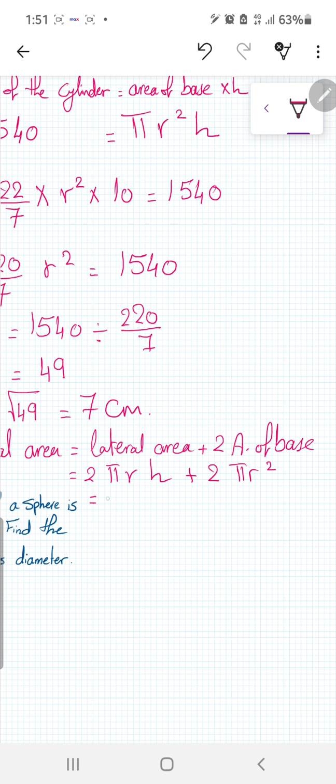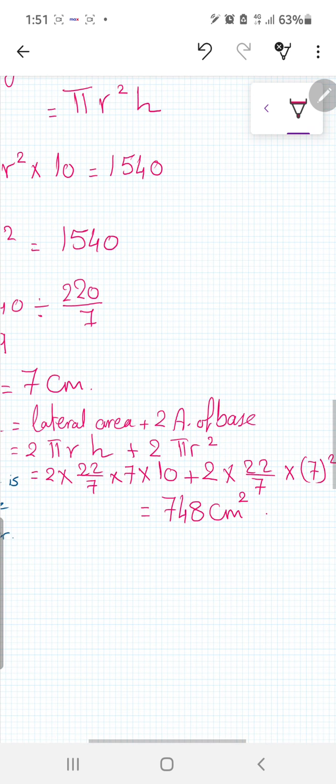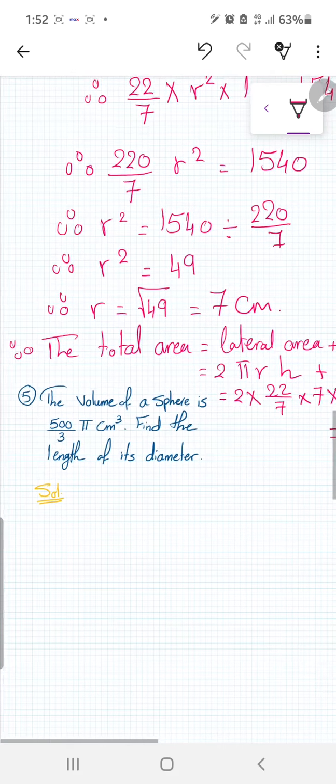By substitution, 2 multiply 22/7 multiply r here 7 multiply 10 height plus 2 multiply 22/7 r, 7 power 2. All of this in your calculator, the result will be 748 centimeter squared.